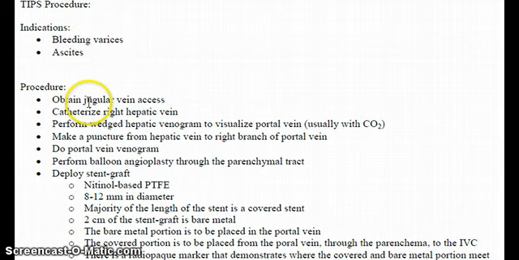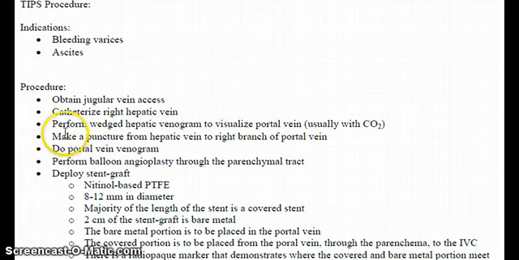So the procedure, just really quickly in some steps: obtain the jugular vein access, catheterize the right hepatic vein, perform the wedged hepatic venogram to visualize the portal vein, usually with CO2 gas. Of course, before all of this is when you would do your pressures also.